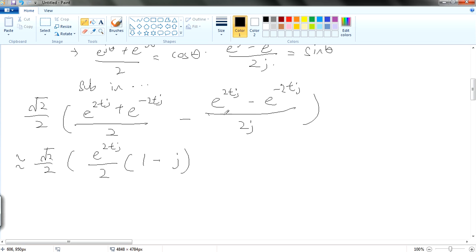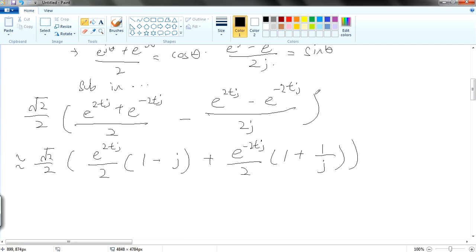So therefore I have 1 minus j. Okay, you can just work it out, and then plus e^(-2tj); this one minus e^(-2tj) becomes plus. So similarly I just bring out the common coefficient and I'll have 1 plus 1 over j.